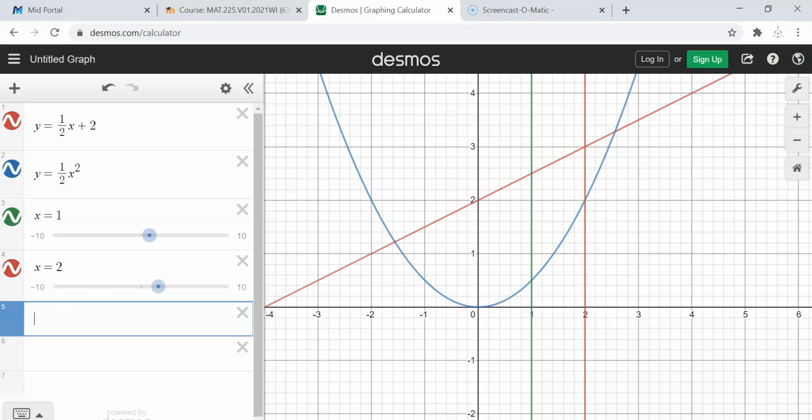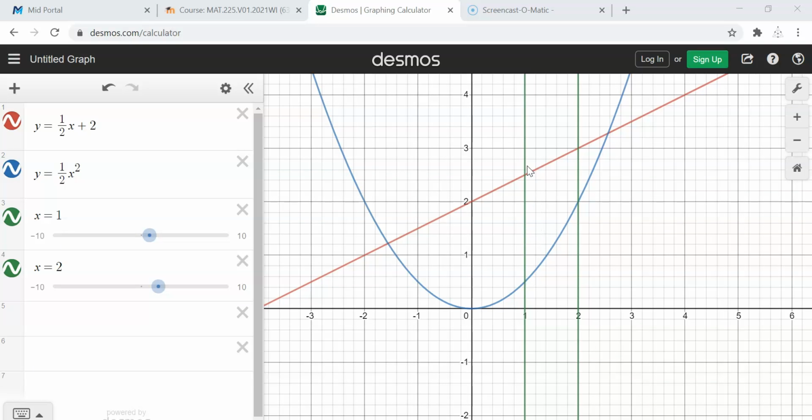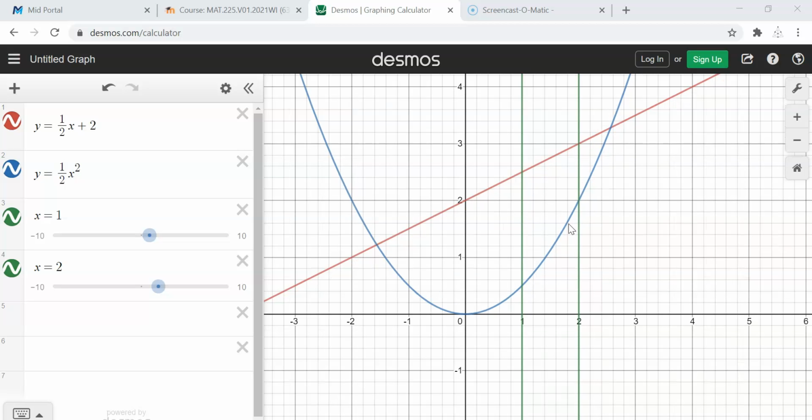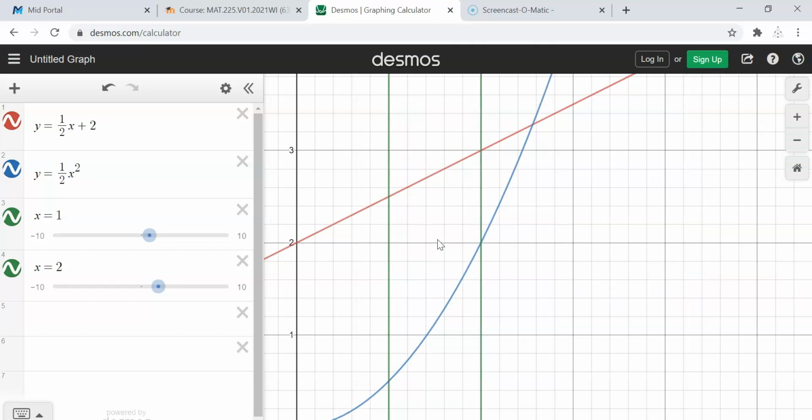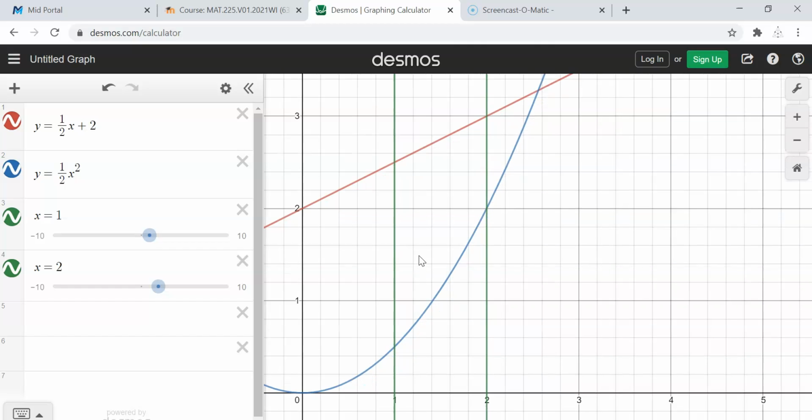All right. So we have those lines here seen in green. So what we're doing is we're focusing in on this area here. All right, so that area right there. And if I want to find the area between these two curves and between 1 and 2, what I should remember from Calculus 1 is that the area under a curve, when I say under a curve, I mean from the curve down to the x-axis, is given to me by integration.